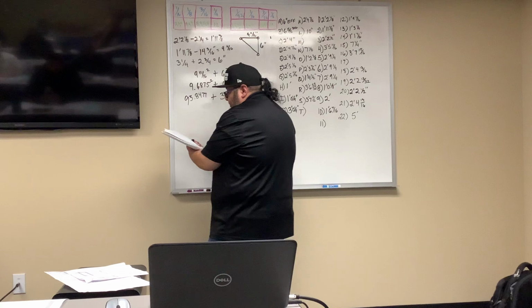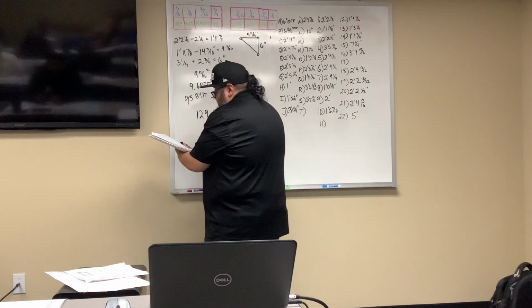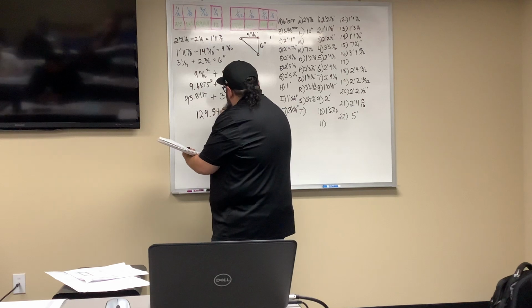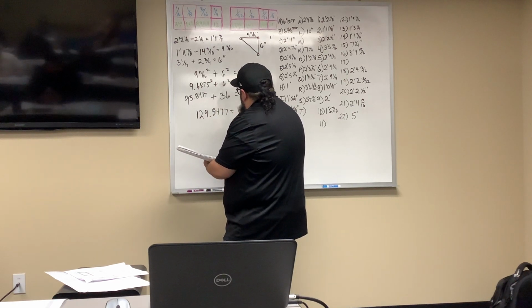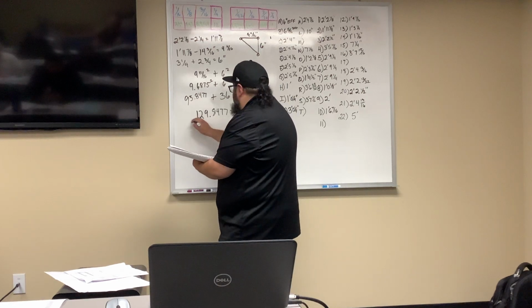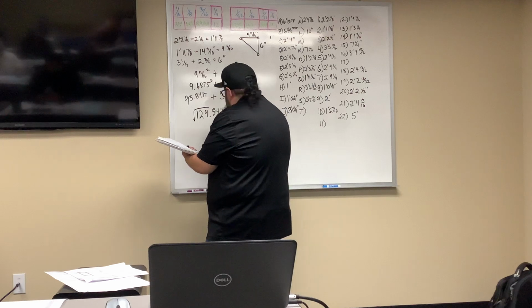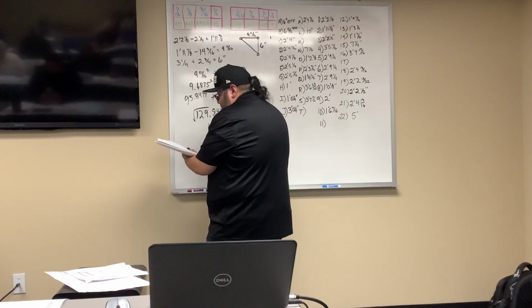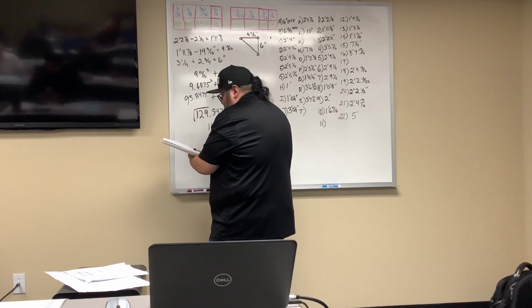You add both of those together and you get a total of 129.8477 equals C squared. Square root both sides and you end up with 11.3951, which I would say would be 11 3/8.